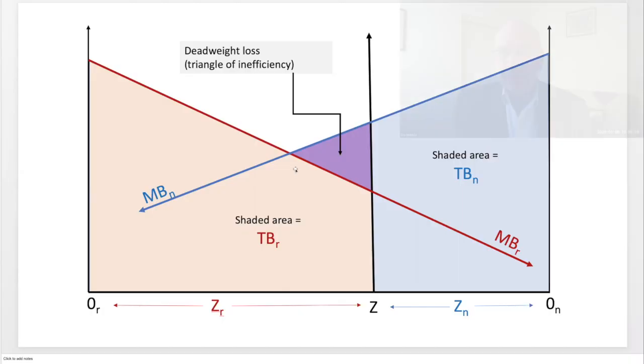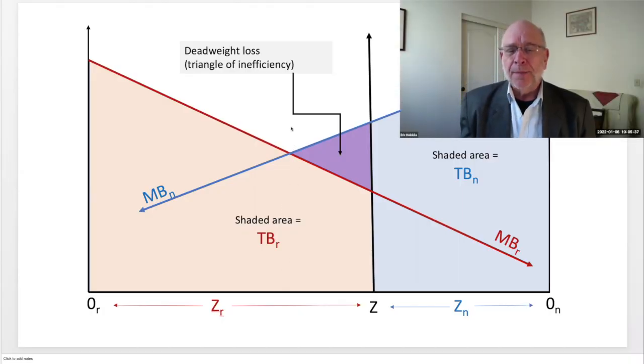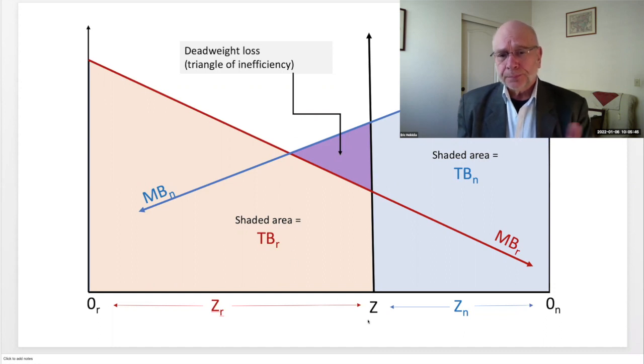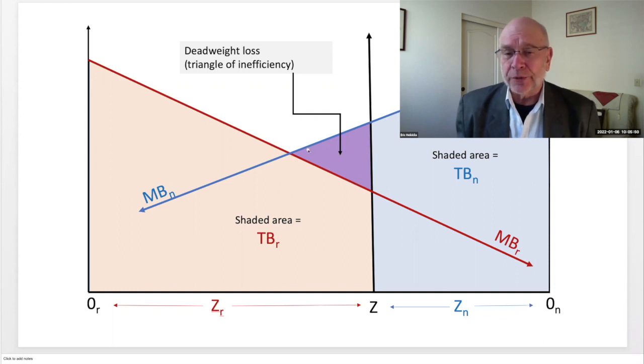What it tells us is that in general, for the zoning allocation, we as planners, as we designate these areas, are only going to maximize total benefit if we happen to hit the right spot here, if we happen to figure out somehow what allocation will lead us to this point of intersection of these two marginal benefit curves.